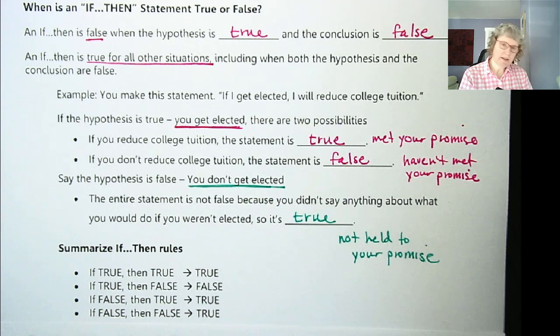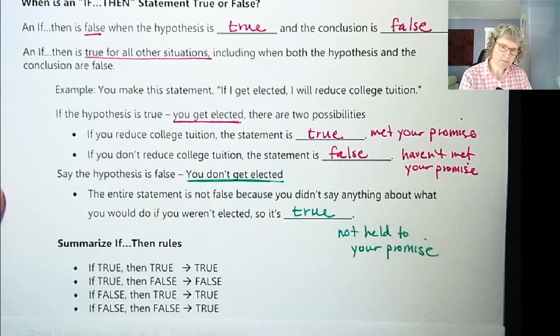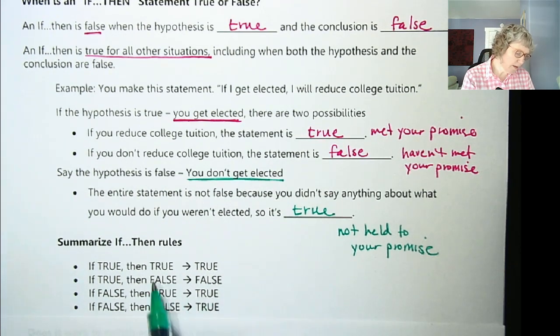Okay, so to summarize that, I think it helps to make a little table here for the if-then. So if true, then true. So if you are elected and you meet your promise, that's true. If true, then false. If you are elected but you don't meet your promise, that's false.